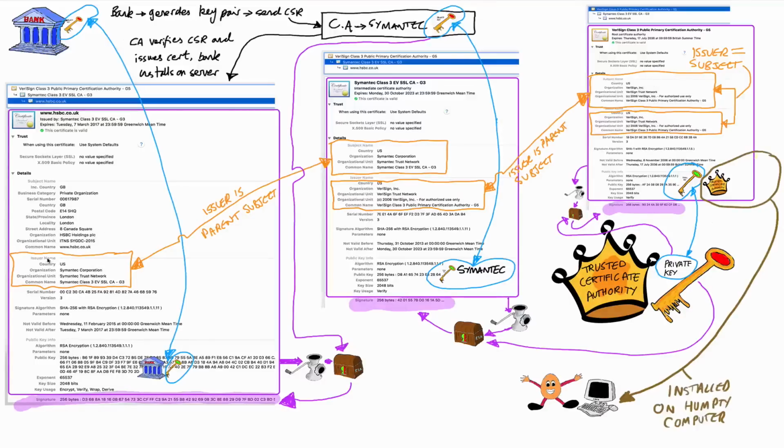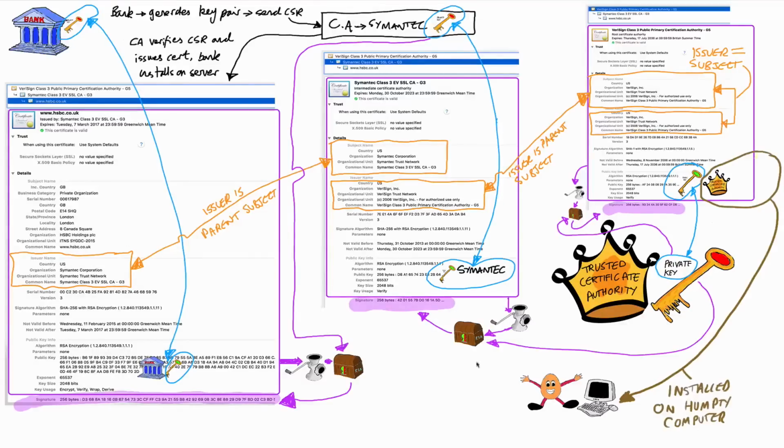So down here, the issuer is HSBC, the subject is HSBC. We're not going to bother paying Symantec money to get this SSL certificate signed. We're just going to create our own, right?